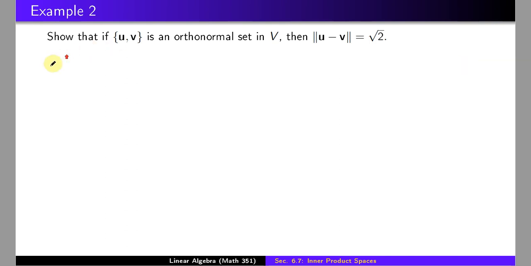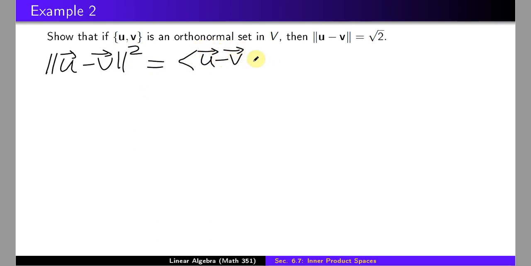All right, let's go ahead and calculate something here. Rather than just the distance between U and V, let's calculate the distance squared, because that's going to get rid of the square root. So this is the inner product of this vector U minus V with itself. And again, we don't have the square root here because we've squared this to get rid of that, just to make it a little bit easier to work with.